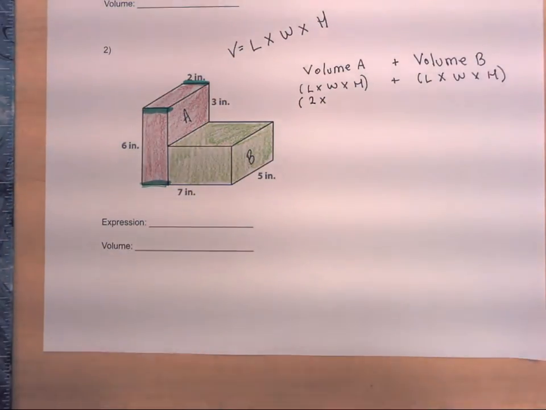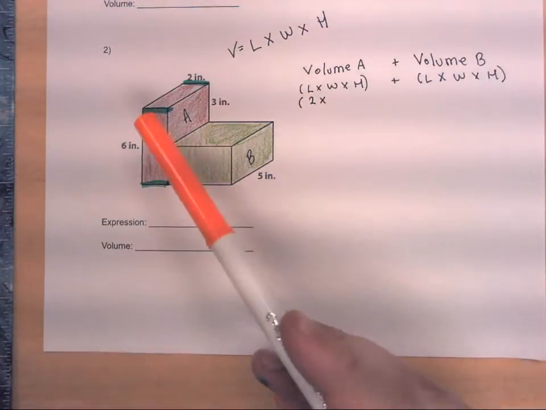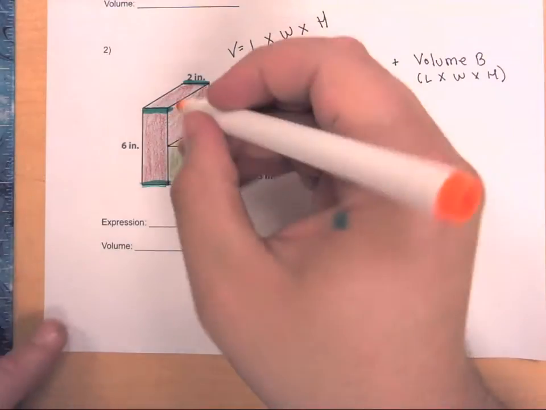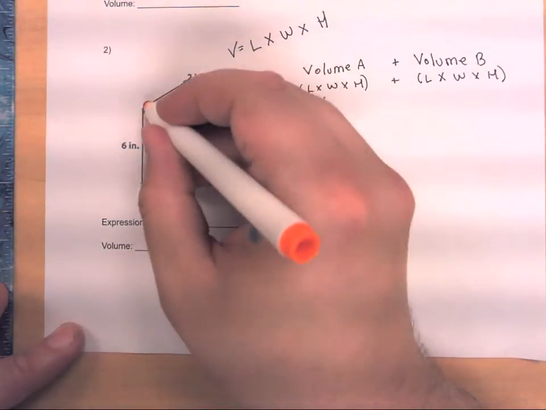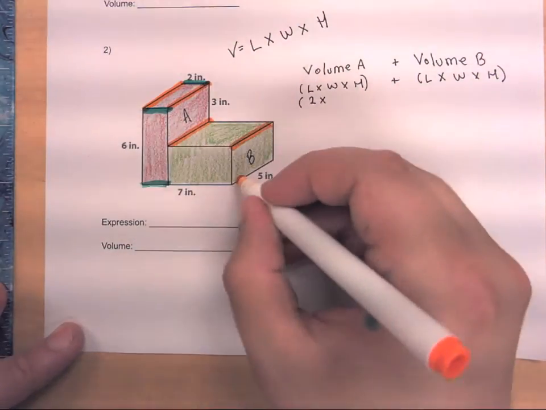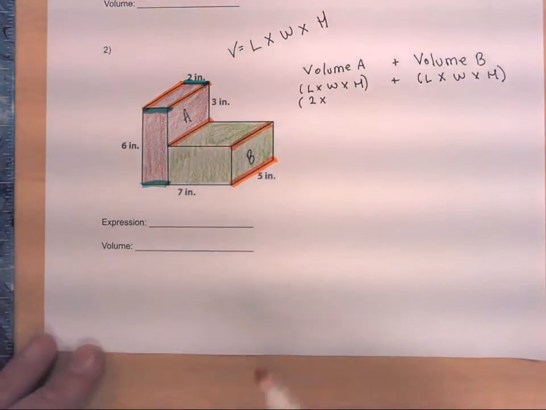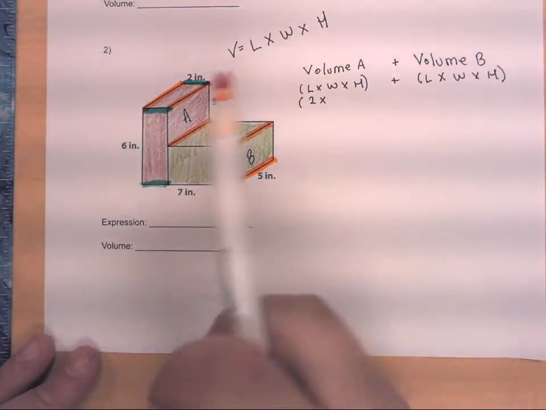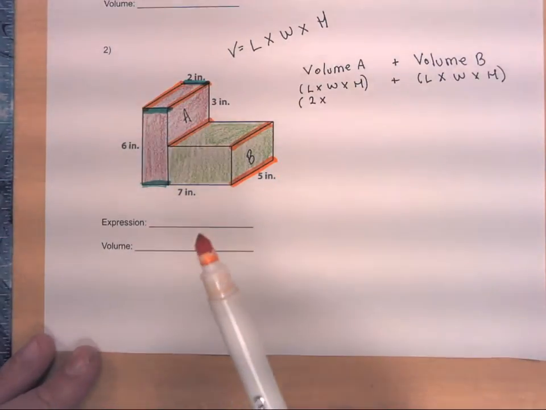Secondly, I need to determine the width of prism A. And I like to think of the width as the part of the figure that gives the depth or 3D quality to the figure.